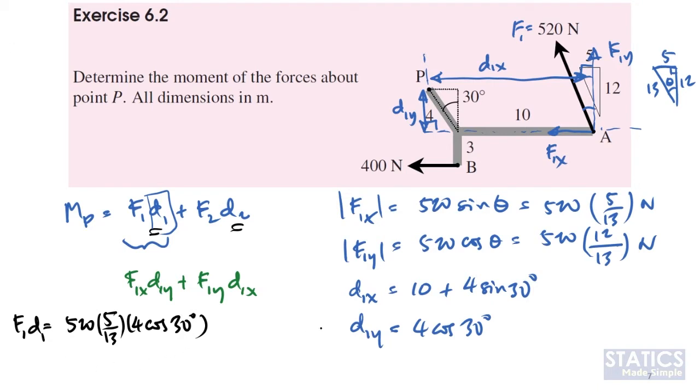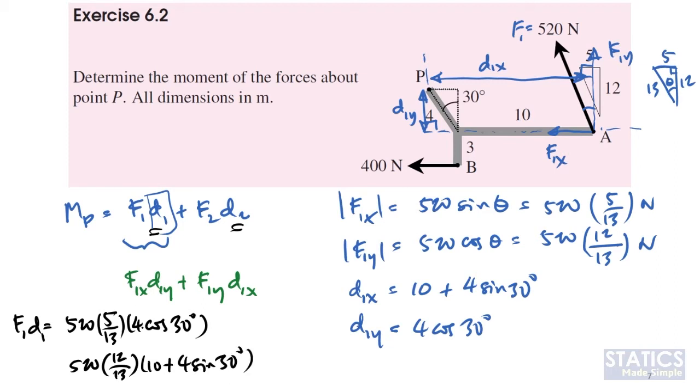And then we have another portion here. Plus, so instead of putting the sign, let me remove the sign first. So we have f1y, 520 times 12 over 13, and then we have d1x, 10 plus 4 sine 30 degrees.